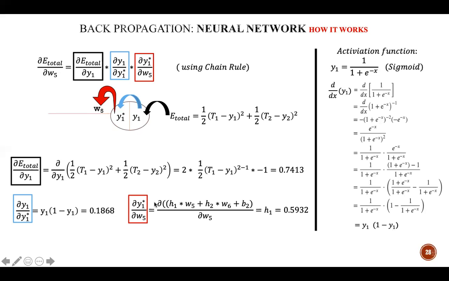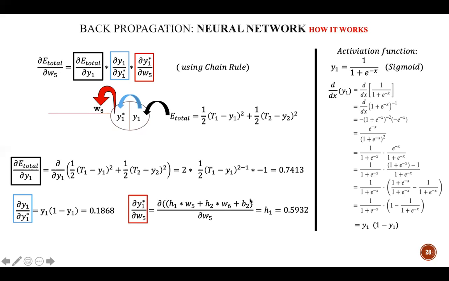Finally, what is the value of partial Y1 star with respect to partial W5? Again, what is Y1 star? You put in the equation of Y1 star, which we defined before, and you find its partial derivative with respect to W5, which is equal to h1.